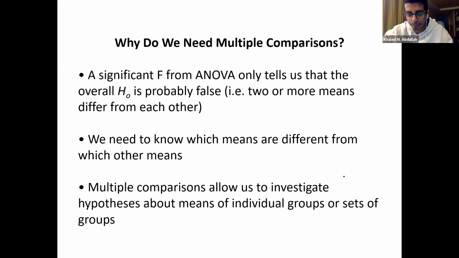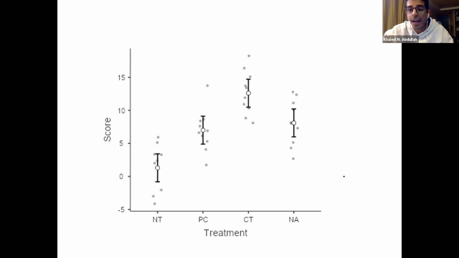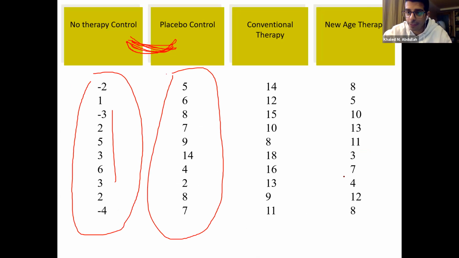Well, it's very simple. This ties in with every single thing we learned, okay? This ties in with everything. Remember when I told you back in the confidence interval lecture, that was a long time ago, right? I told you that if you have 20 studies, and let's imagine that the reality is that the null hypothesis is true, on average, one of those studies will not suggest that the null hypothesis is true.